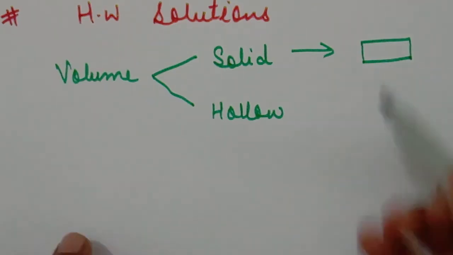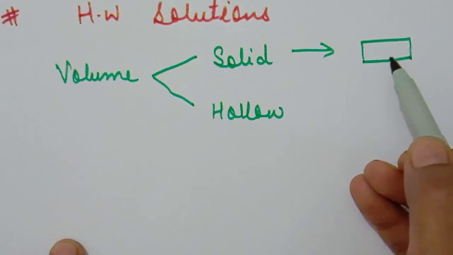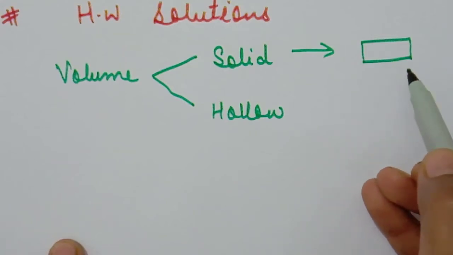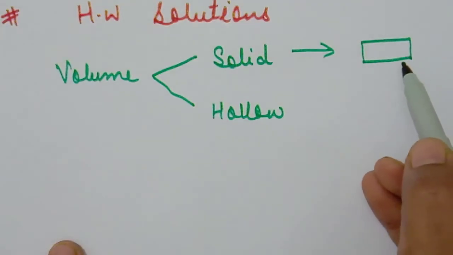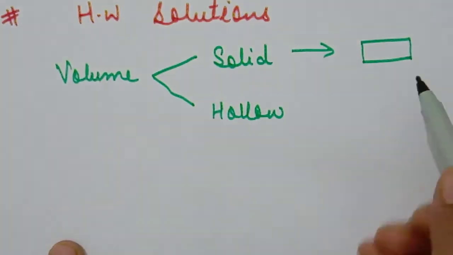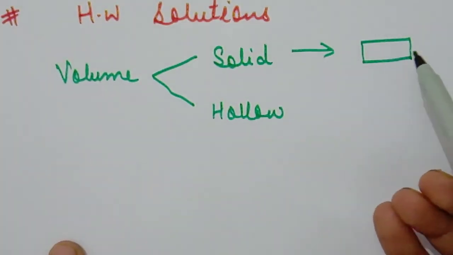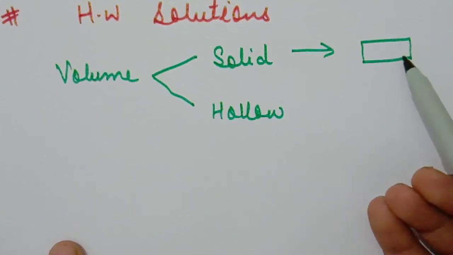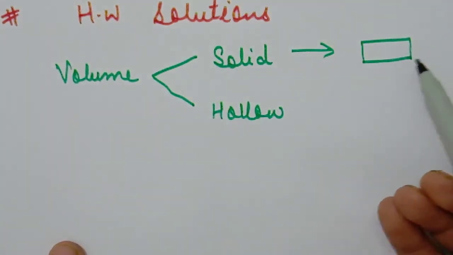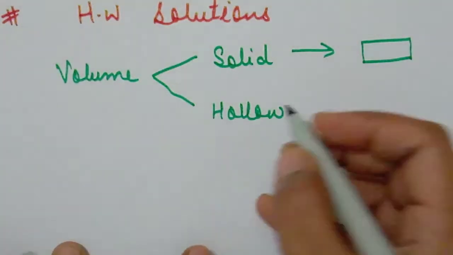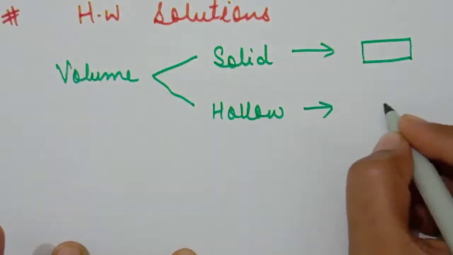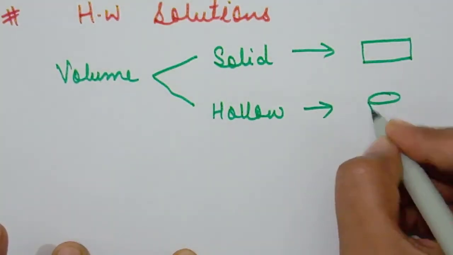If an object is solid, then the space occupied by such an object is measured and it is the volume of the given figure.